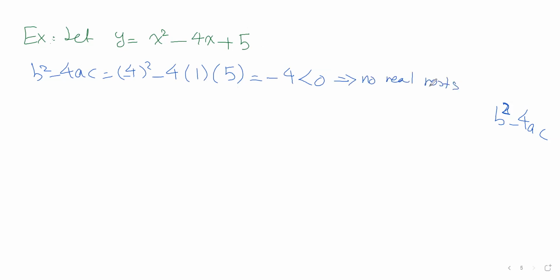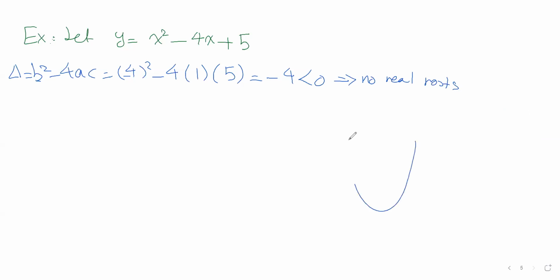Anyone is not familiar with the discriminant delta? Who is not familiar? Okay, if you're not familiar, please go and look at the internet or your book or your previous notes. Anyway, so we know there is no real root.